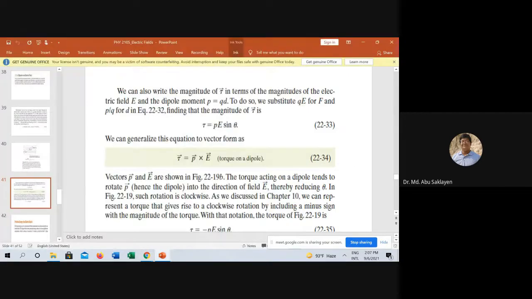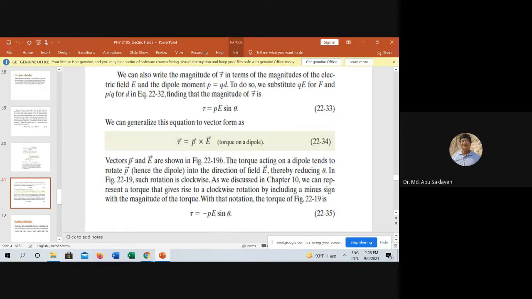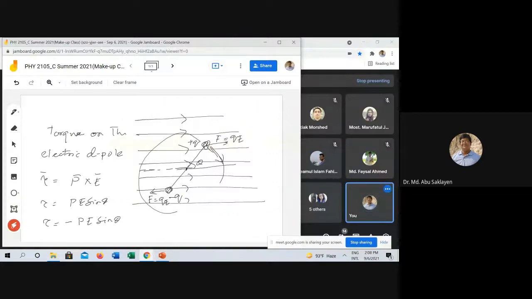If the rotation is clockwise, this is the convention. We consider clockwise rotation as including a minus sign. Here this is the direction of rotation. Clockwise, is it? That is why we need to use a minus. And if the rotation is anti-clockwise, the torque will be positive.